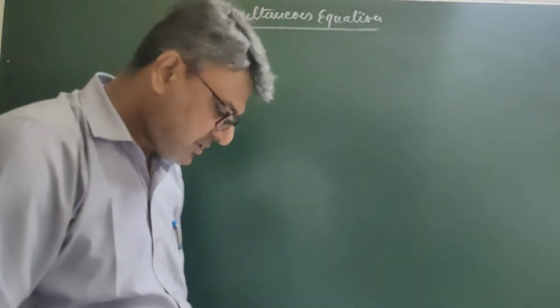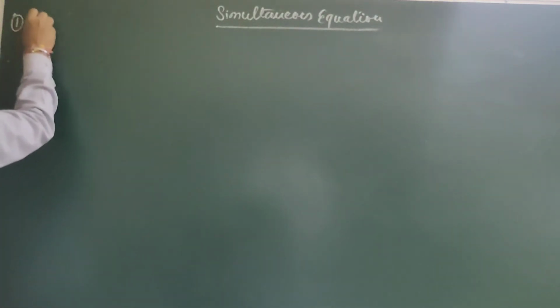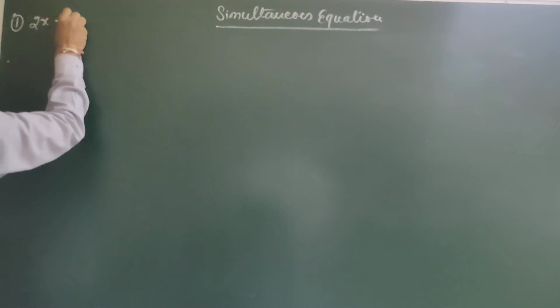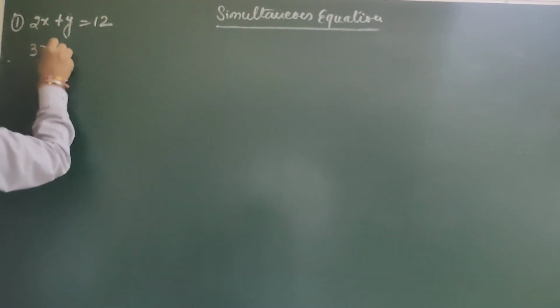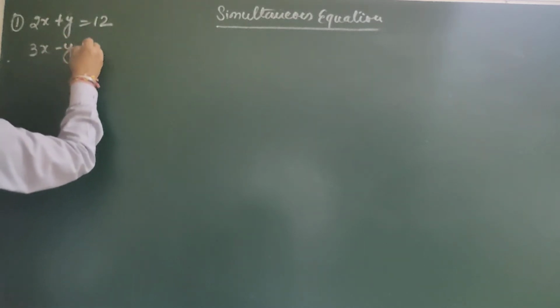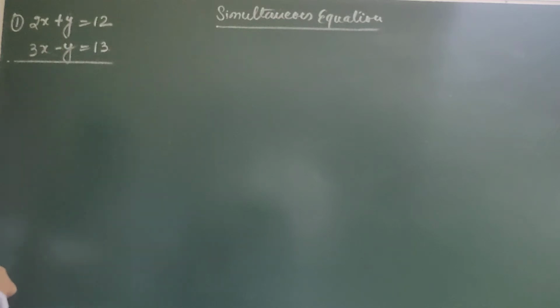Now the question is 2x plus y equals 12. Now the second is 3x minus y equals 30. This is the first one.